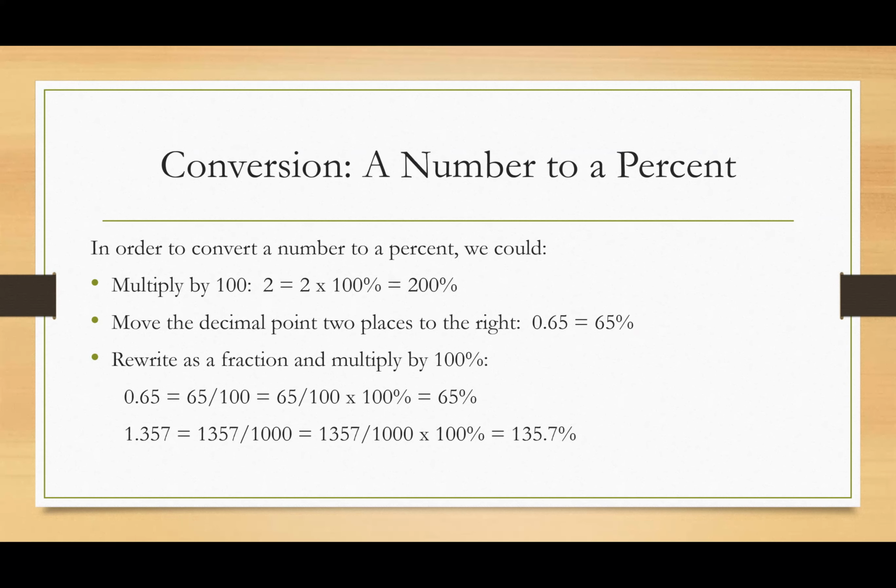Notice also that the 3 is in the tenths place, the 5 is in the hundredths place, and the 7 is in the thousandths place, which is why this is equivalent to 1,357 divided by 1,000, because the 7 is in the thousandths place.